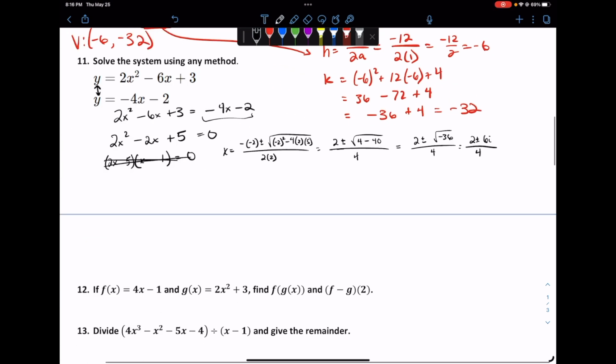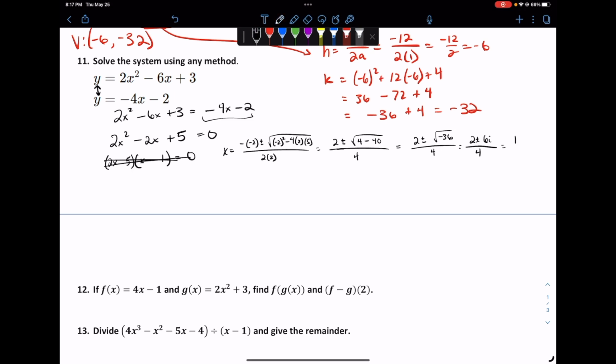So what are our solutions? Really, these are not going to intersect because we have an imaginary solution. But we'll finish out the x's, I guess. This is going to be 2 plus, well, we can divide everything by 2.